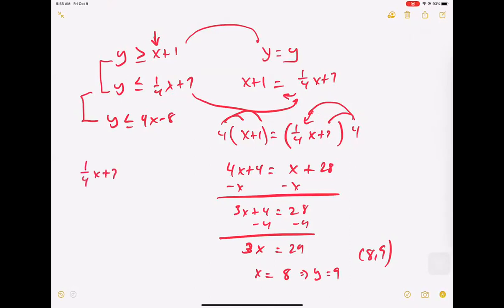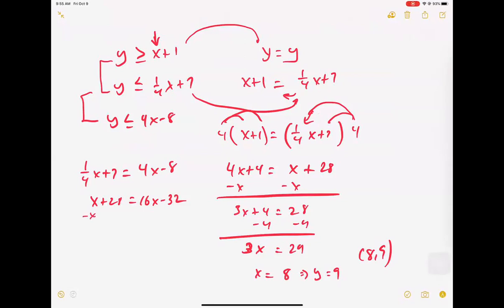1/4x plus 7 is equal to 4x minus 8. Multiply all sides by 4. X plus 28 is equal to 16x minus 32. Move the x's together.